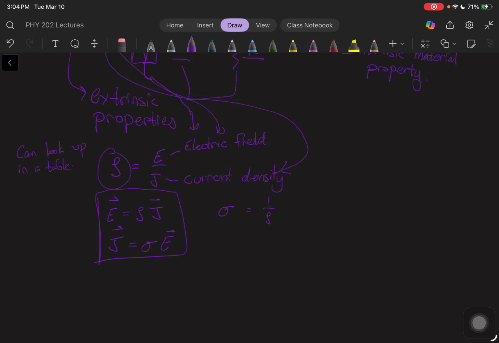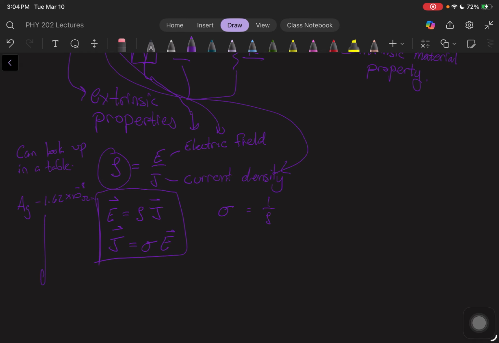Right? And so they have a table in the book that'll go through and it'll say like silver, Ag, is 1.62 times 10 to the negative 8th ohm meters.